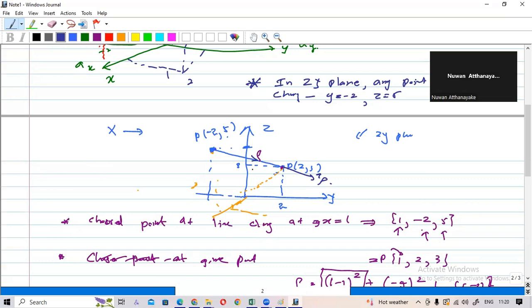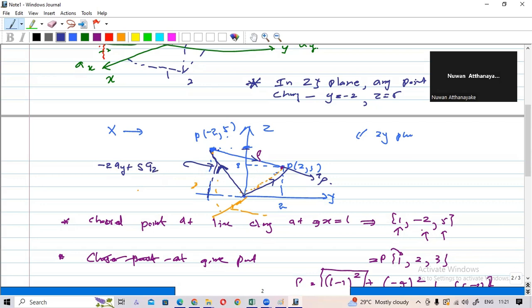Now this is rho, so we have one vector here and one vector here. For this vector, y is -2 and z is 5, so this vector will be -2 in y direction, ay, plus 5 in z direction, that means az.